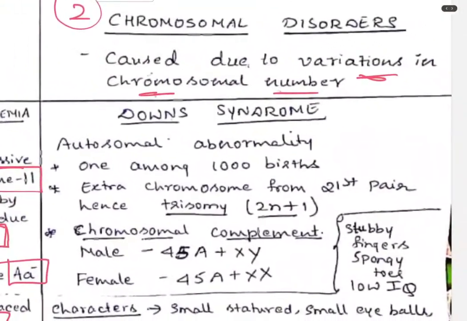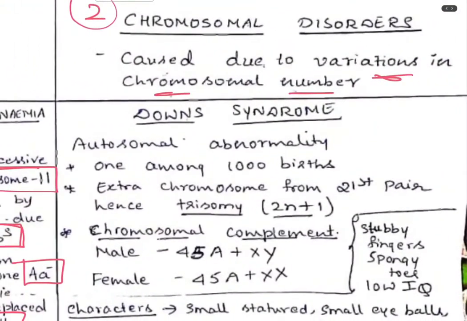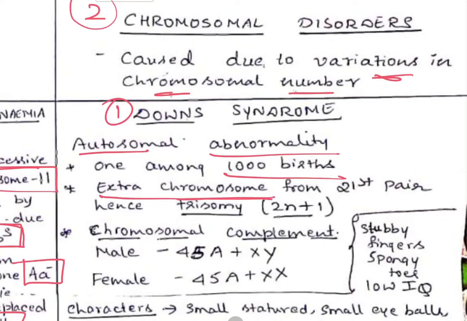Next, let's move towards the chromosomal disorders. In that, the first one is Down syndrome. It is an autosomal abnormality and occurs in one among 1,000 births. Actually, what happens in Down syndrome is there will be a presence of an extra chromosome from the 21st pair.